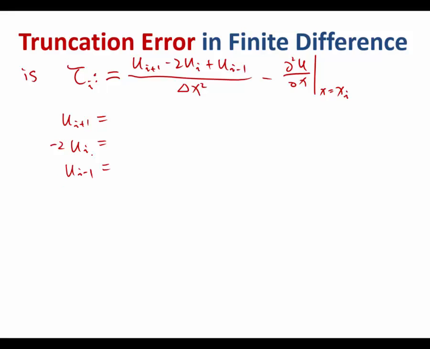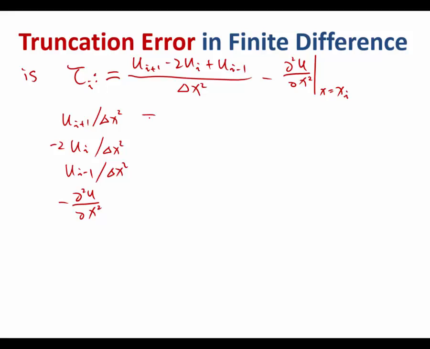I'm going to write down the whole truncation error, divided by delta x squared, minus partial square u partial x square.